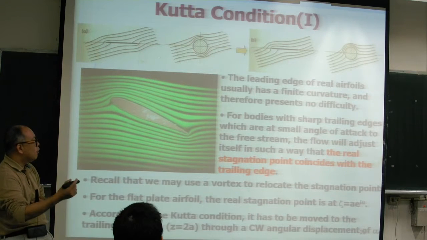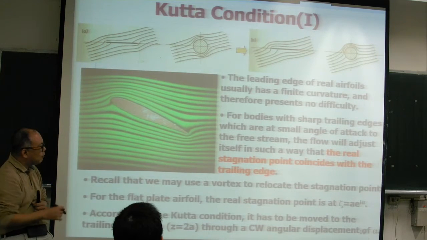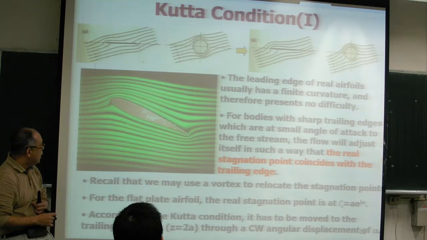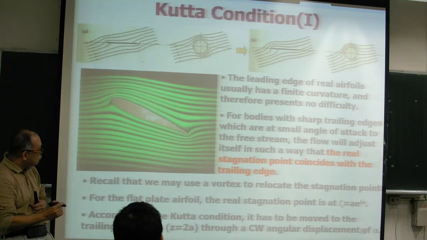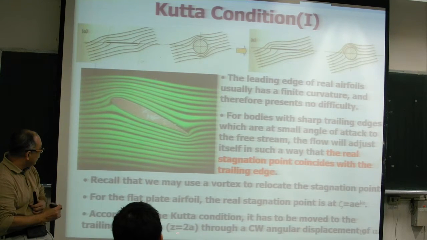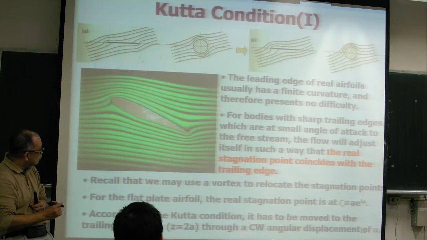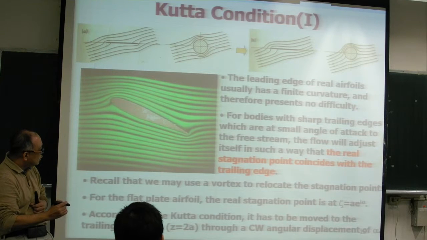So that's called the Kutta condition. According to the Kutta condition, we have to move the trailing edge by using a so-called clockwise circulation. Later I will do that.